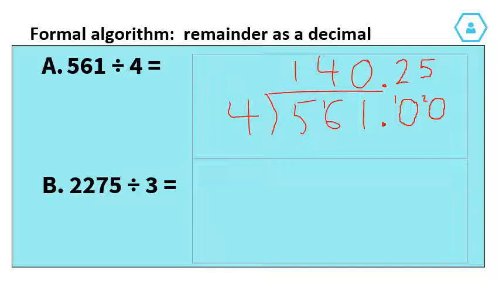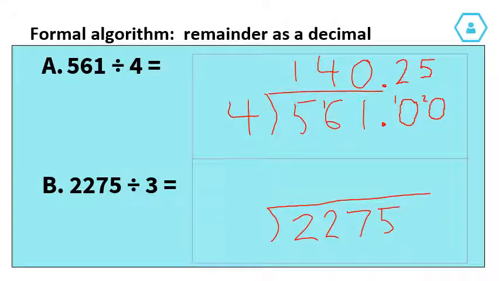Let's look at B down the bottom. So 2,275. Put our little bus stop on here, divisor at the front. I like to join them like that. 7,152,8. Now here, I do the same thing.